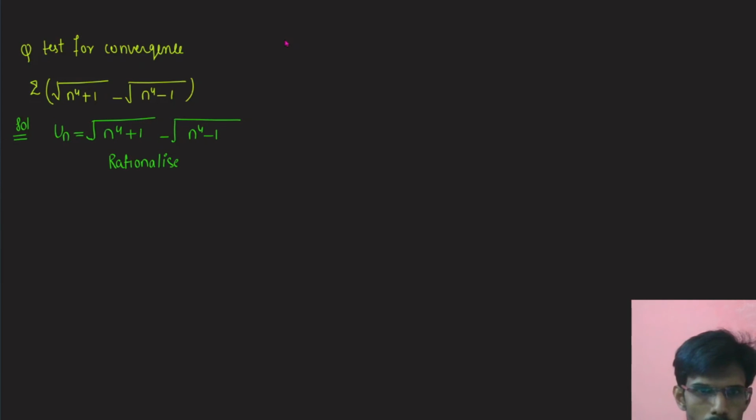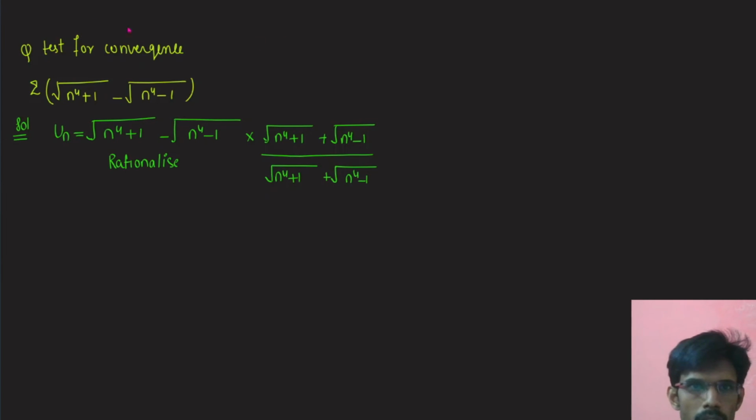So then we have root n power 4 plus 1 minus root over n power 4 minus 1, upon root over n power 4 plus 1 minus, here we have minus already, so this will become plus root over n power 4 minus 1.